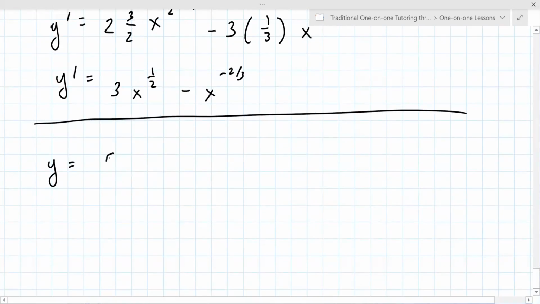Y equals 5 times the fifth root of x minus 3e to the x plus 1/2 x to the minus 1/2 power.